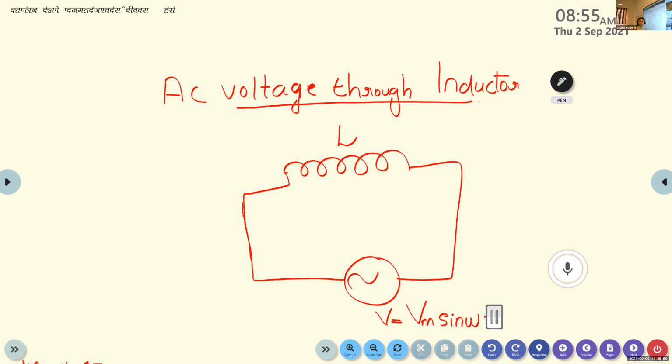The same alternating source of EMF V equal to Vm sin omega t is applied to the inductor. So here the only change is that we replace the resistor with another electrical component, that is, an inductor. The inductor with inductance L is connected to an alternating source of EMF V equal to Vm sin omega t.